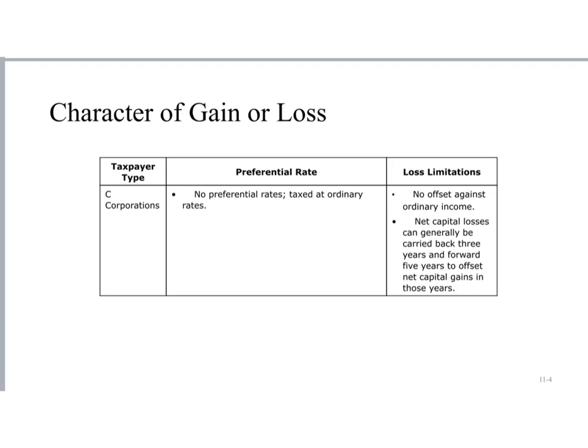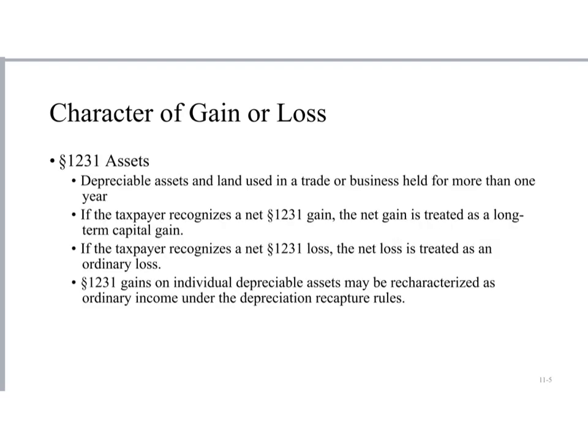Okay, but that is not the focus of our conversation currently. So what we need to talk about are 1231 assets. Okay. All right, so this slide kind of sums up the big ticket items for section 1231.